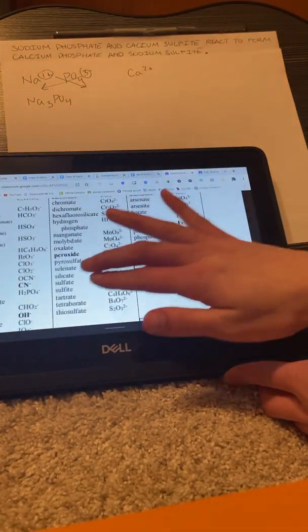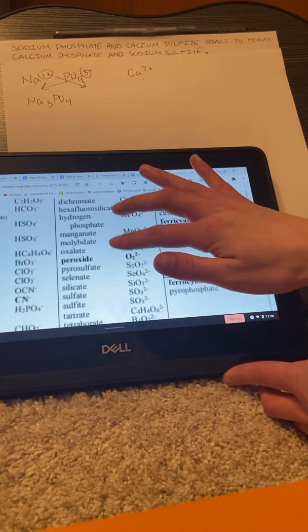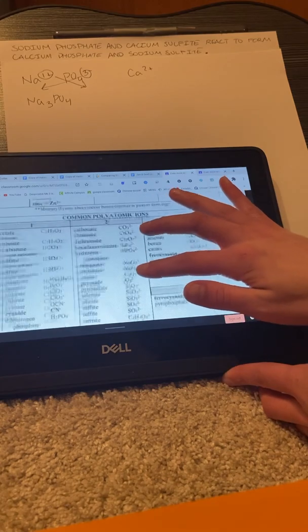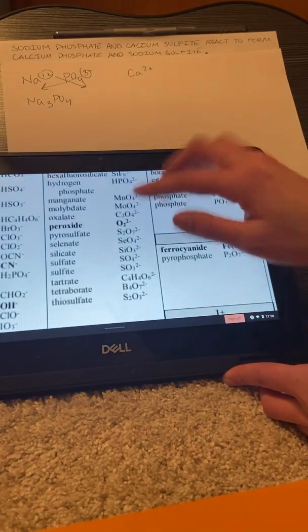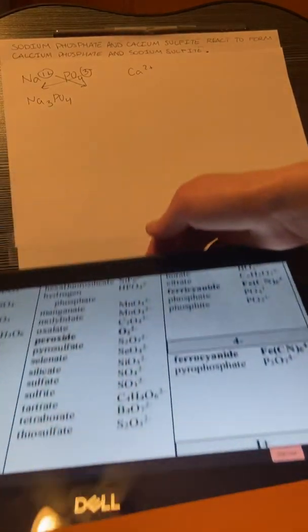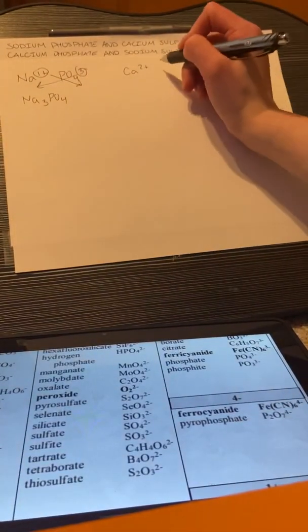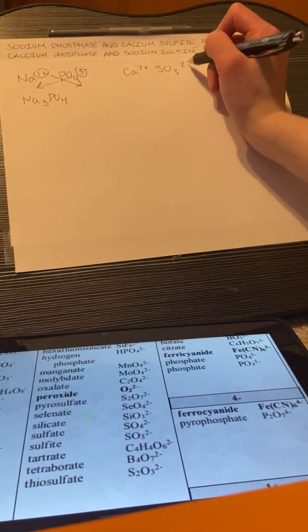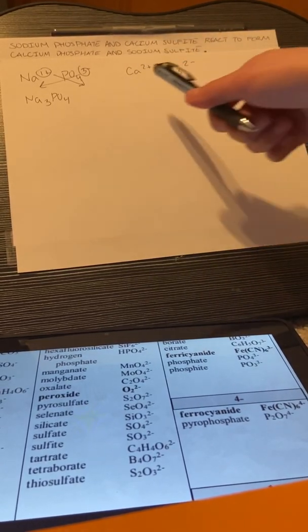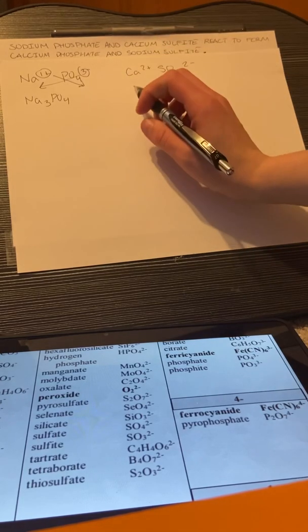Sulfite is going to be right here. Sulfite is SO3 with a 2- charge. And since it's a 2+ and a 2-, they balance out to 0, so this is already balanced.